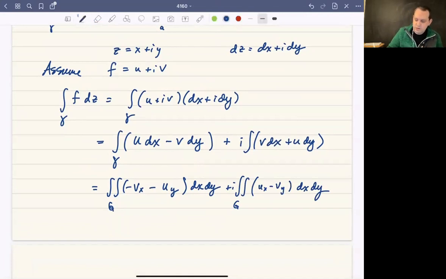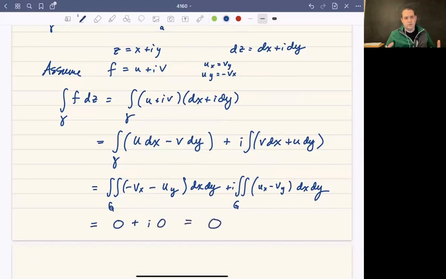If f is u plus iv, then u sub x is equal to v sub y, and u sub y is equal to minus v sub x. Since f is holomorphic and therefore satisfies the Cauchy-Riemann equations, both of these integrals are 0, and therefore the total integral is 0. So there's a nice proof of the corollary of Cauchy's theorem that we were looking for. And again, it used Green's theorem and the Cauchy-Riemann equations.